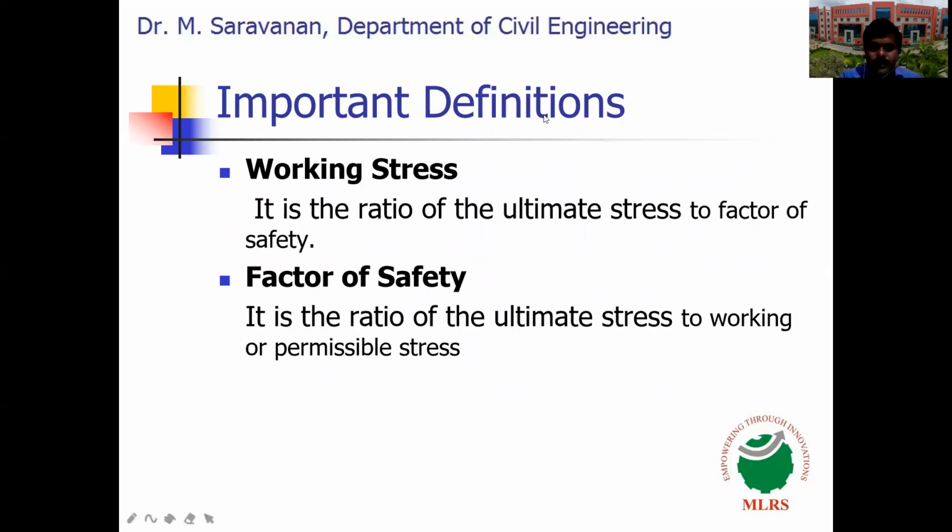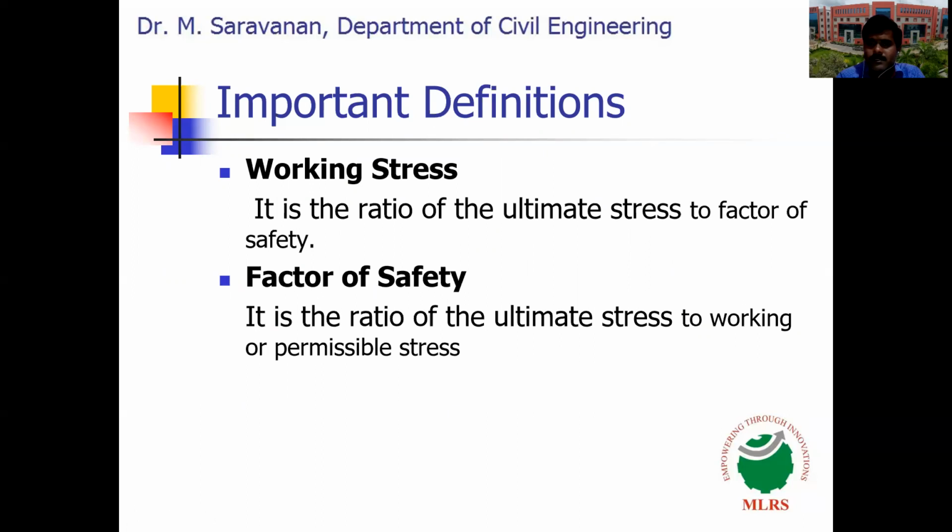Some of the important definitions: working stress is the ultimate stress divided by the factor of safety. So working stress is the permissible or allowable stress. Generally in design, we should not consider the ultimate stress, as we discussed in a previous lecture.